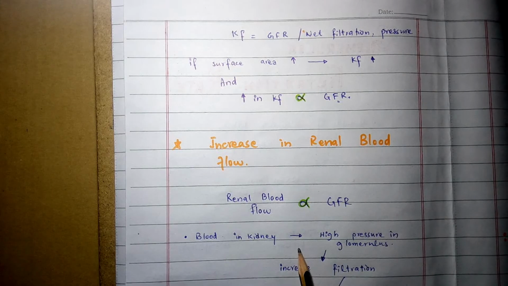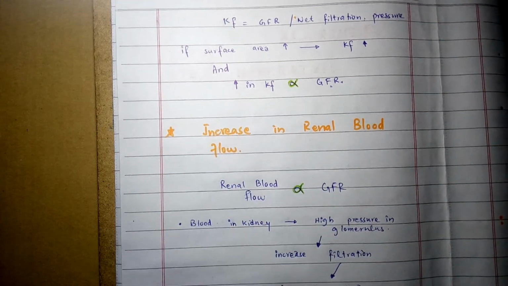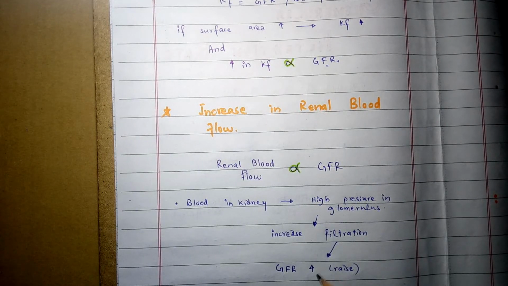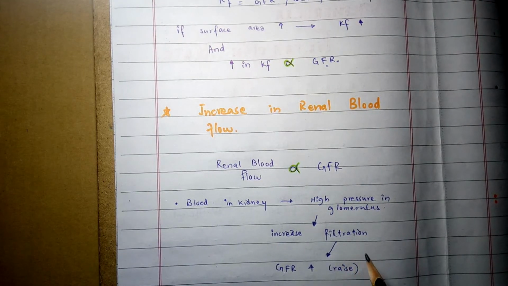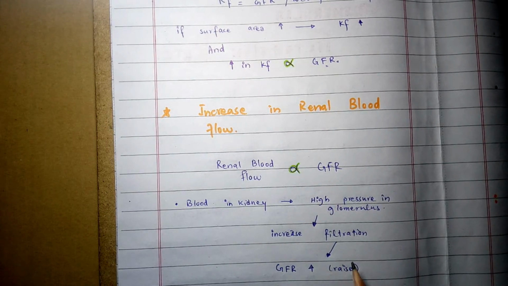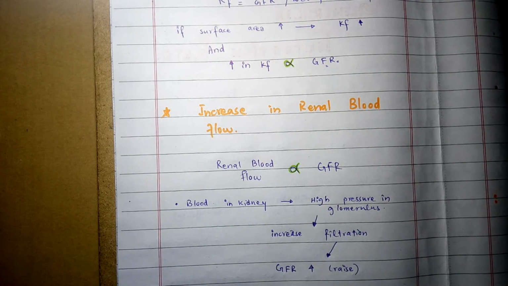This acts like the arterial end, causing a large portion of the plasma to filter out of the glomerulus into the Bowman space, which increases the filtration, and ultimately the GFR increases. So the renal blood flow is directly proportional to the GFR.